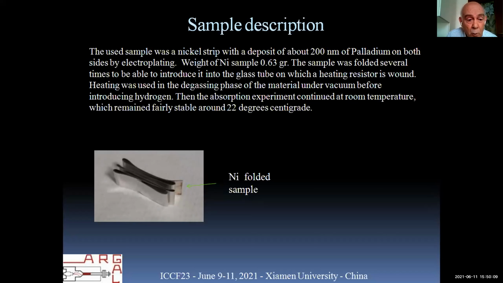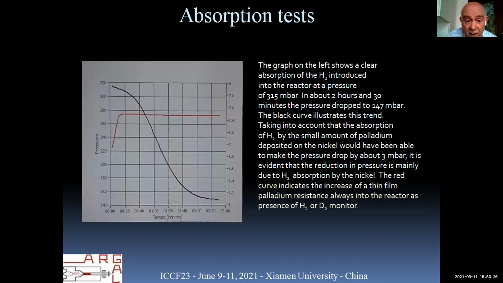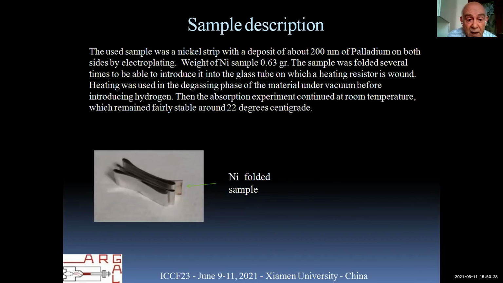The heating was used in the degassing phase of the material under vacuum before introducing hydrogen. Then the absorption experiment continued at room temperature, which remained fairly stable around 22 degrees centigrade.